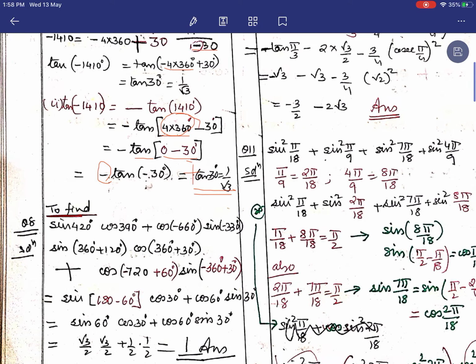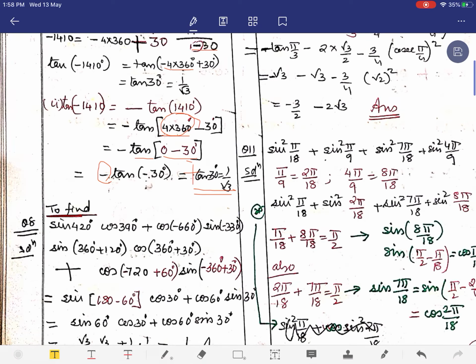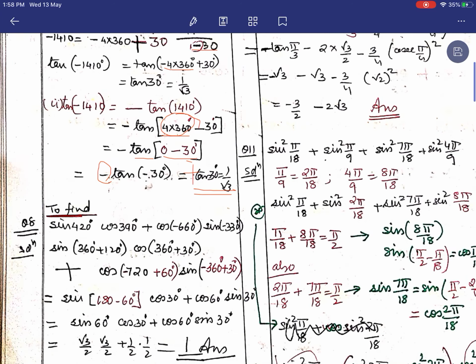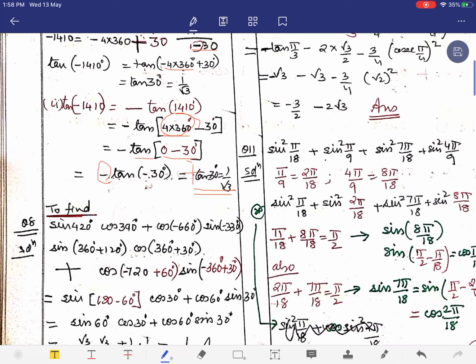Sine of 420 degree multiplied by cos of 390 degree plus cos of minus 660 degree sine of minus 330 degree. Analyze each number first. To start with, 420 is 360 plus 60, 390 is 360 plus 30.